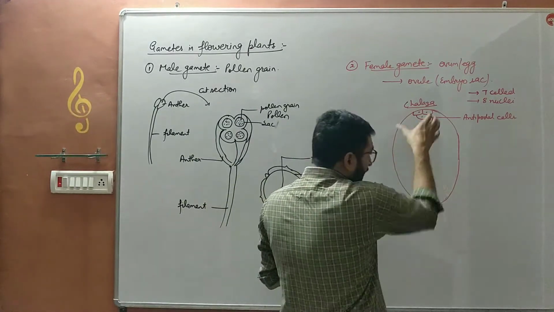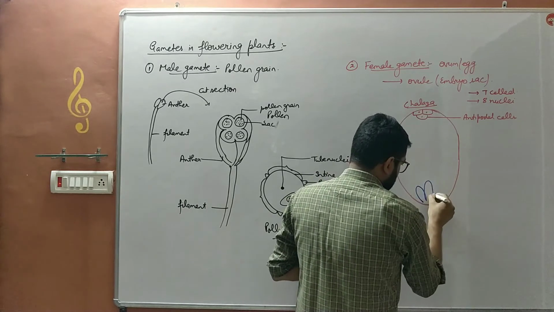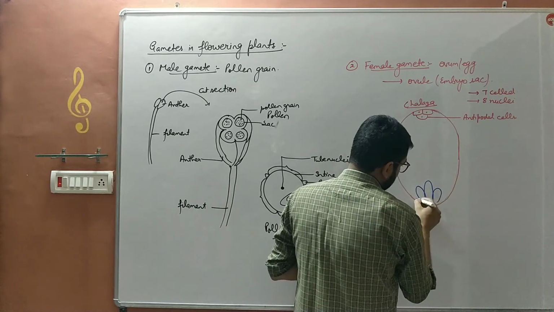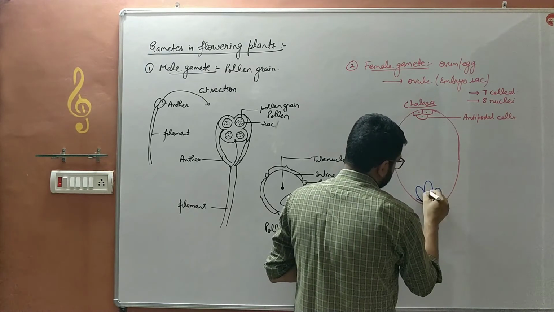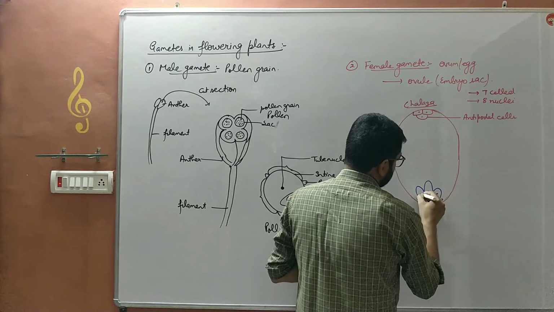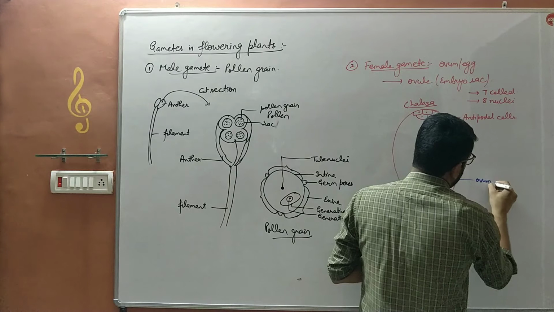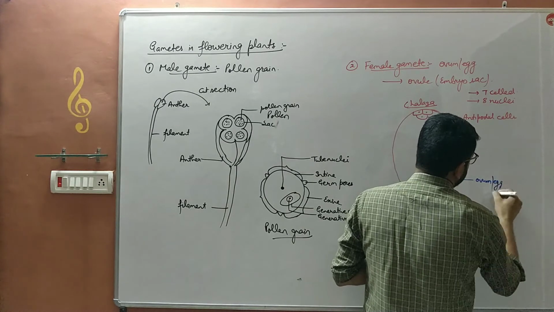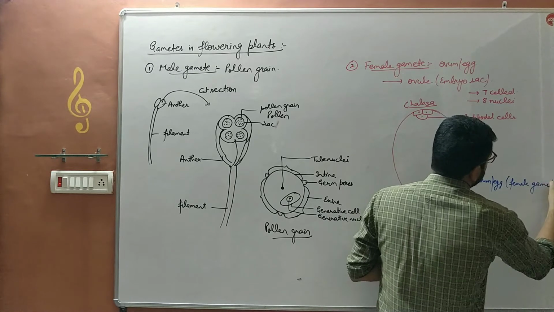On the opposite end of this, there are 3 more cells present. In the middle, they have ovum or egg, that is the female gamete.